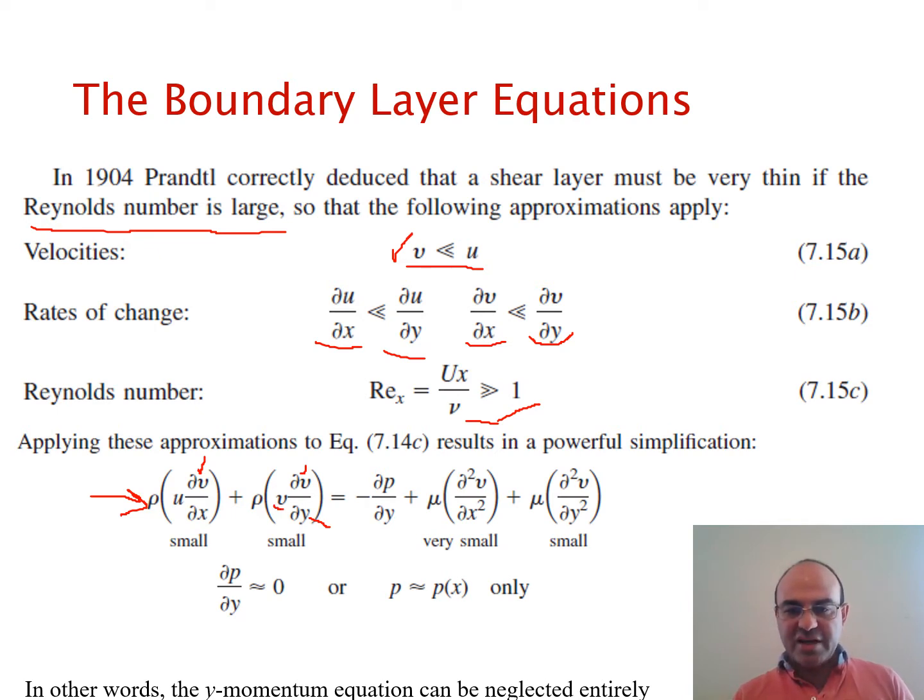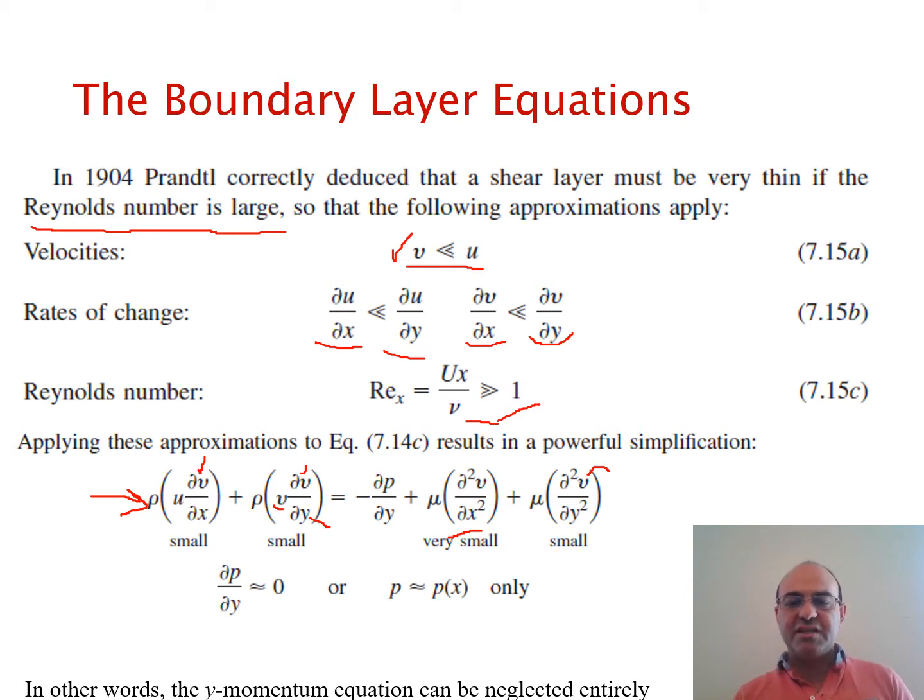And then on the right side, we have the second derivative of v with respect to x. Its dimension is proportional to delta divided by the length of the plate L squared. It is very small. And this one is also small: this v is small, but this y is not small.